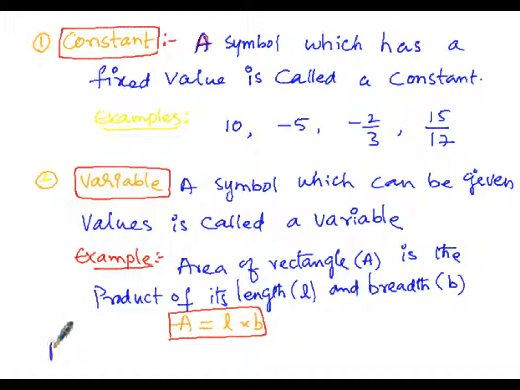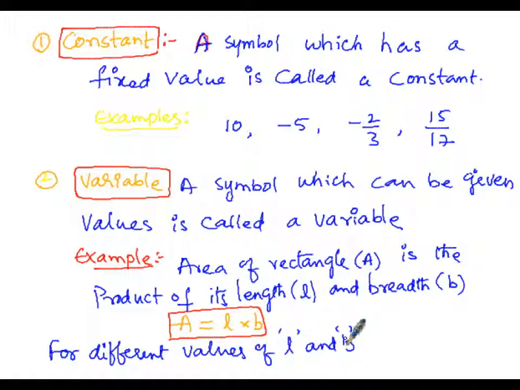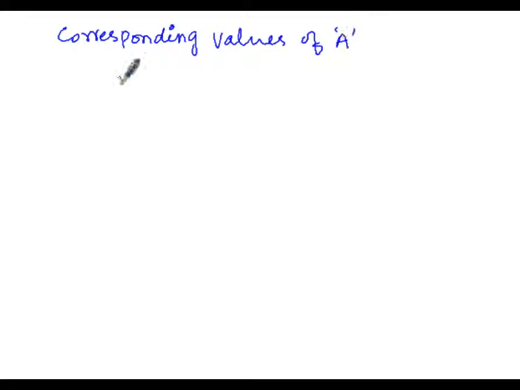So for different values of L and B, we get the corresponding values of A. That means these are not fixed values, L, B and A are not fixed values.